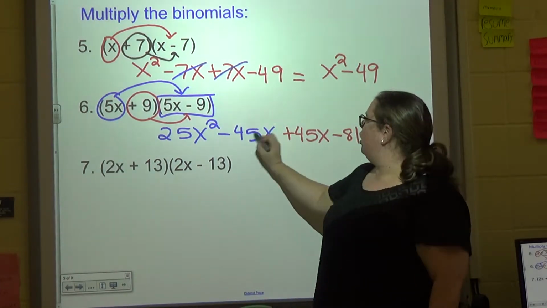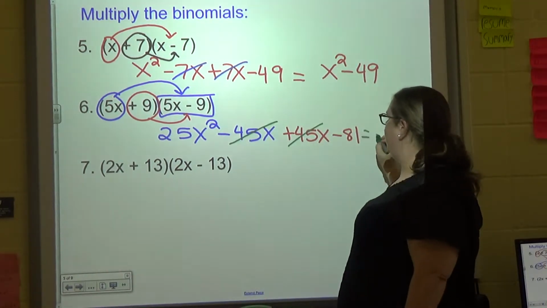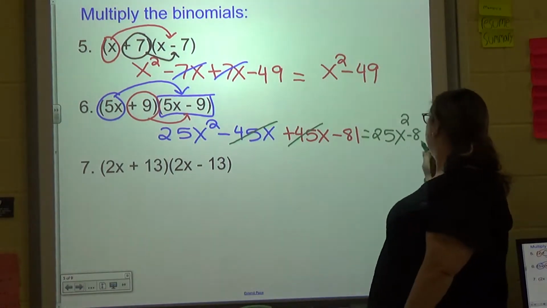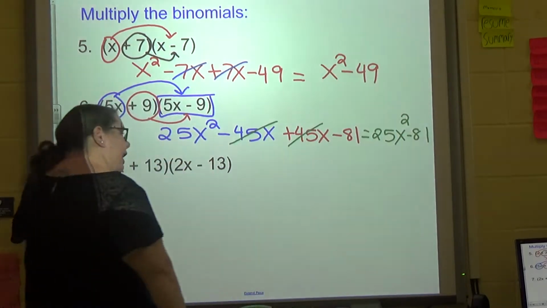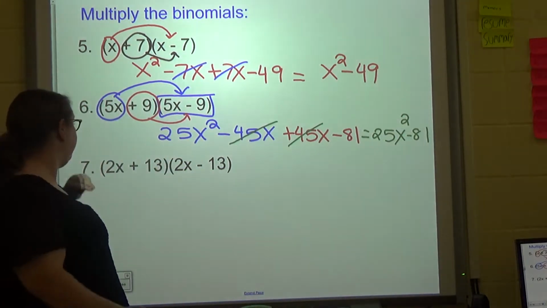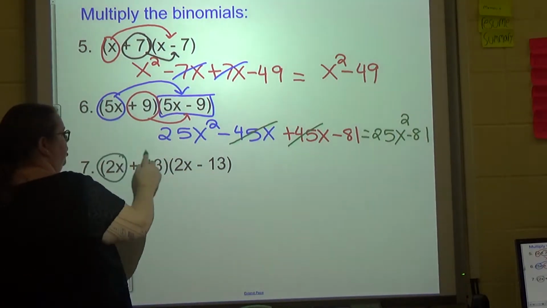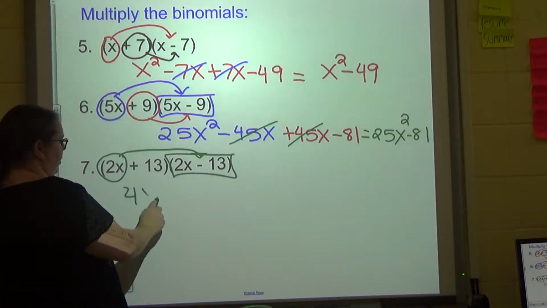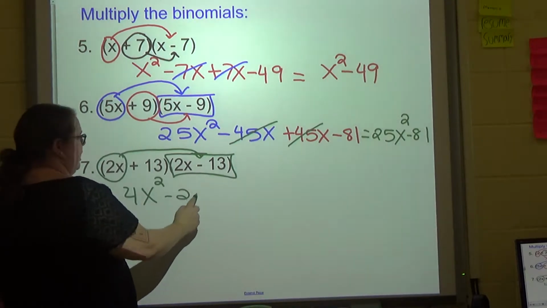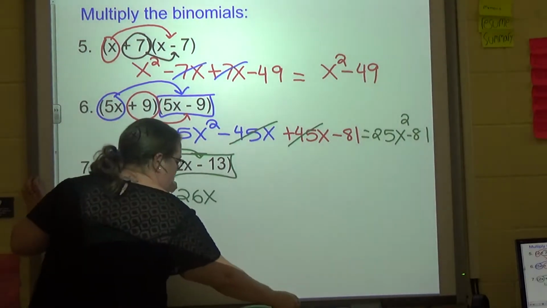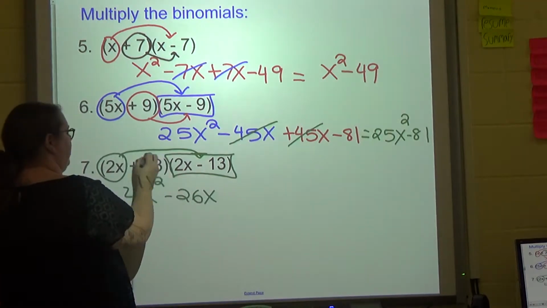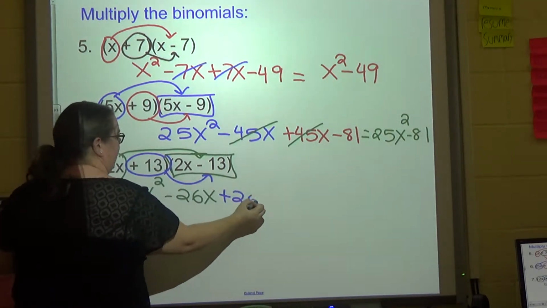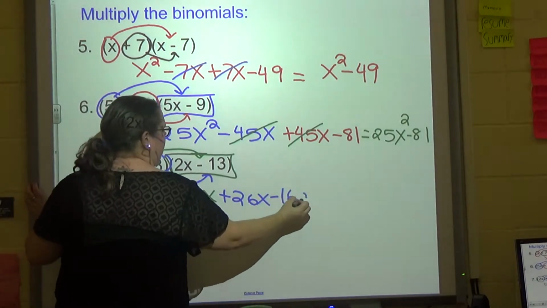Those middle two terms cancel out, and we're left with 25x squared minus 81. I hope at this point you have noticed a pattern. Last one, 2 times everything in the parentheses, 4x squared minus 26x. Then we have our positive 13 times everything, positive 26x minus 169.